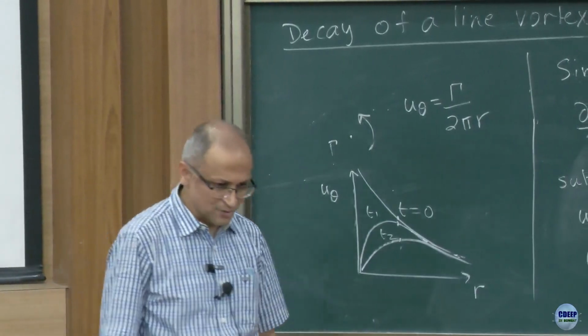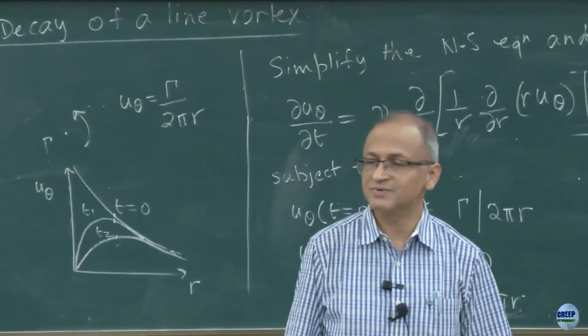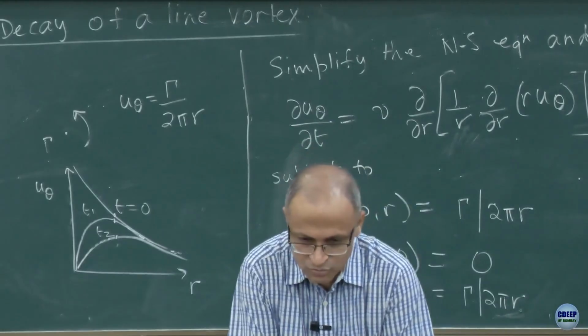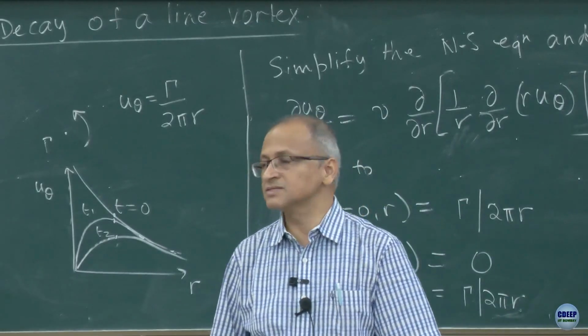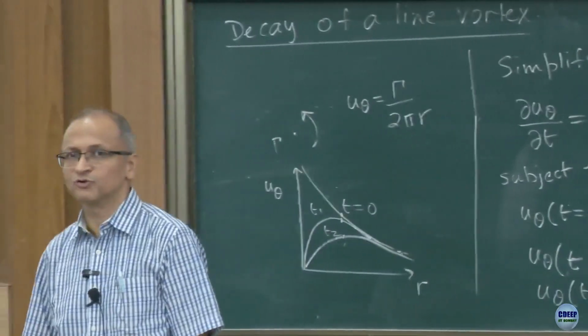So I think we have spent a lot of time on vorticity and exact solutions, as we had anticipated. We have done both these topics, four lectures post midsem. In the next class, we'll come back and start off with a new topic, which is approximations in fluid mechanics.